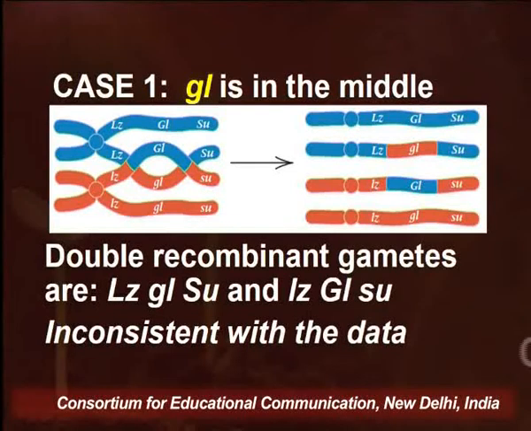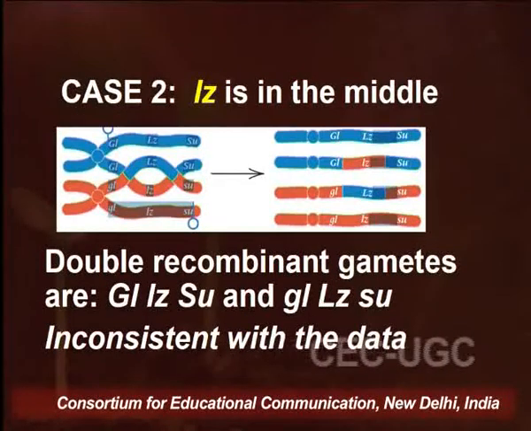Let us look at the first case where gl is in the middle. If this is the case, the double recombinant gametes which are formed are lz, GL and su, and LZ, gl and SU. Now, this is not consistent with the data which I just presented to you.